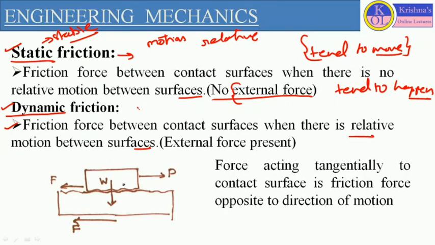Here you can see two bodies and both bodies are in contact. Not always are these contact surfaces smooth. These contact surfaces have irregularities. So when two bodies have smooth contact surfaces, at that point friction will be negligible.